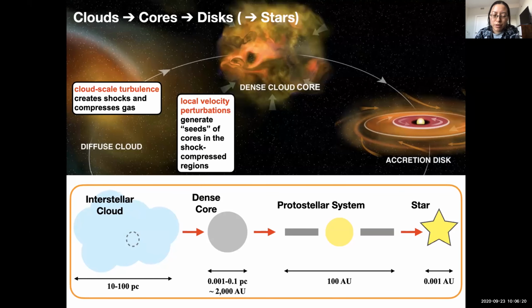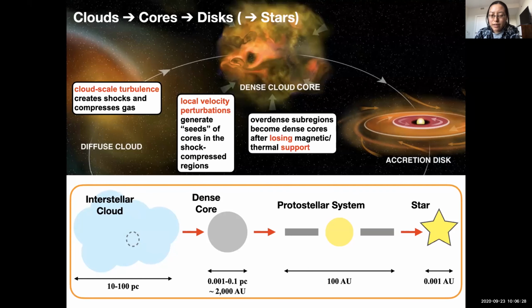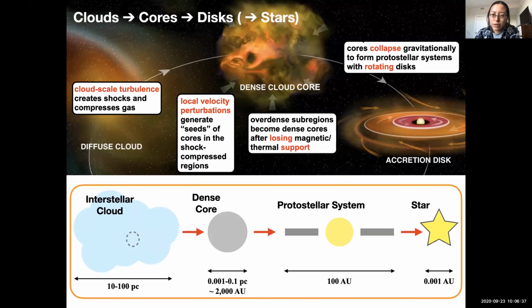These overdense subregions will become the seeds of cores. And if this seed of a core can get rid of the magnetic or thermal support, then it can become gravitationally unstable, and it will collapse to become the protostar with the disk.